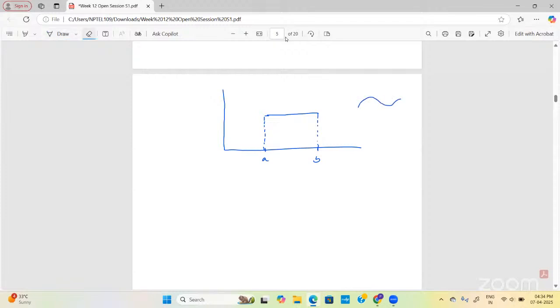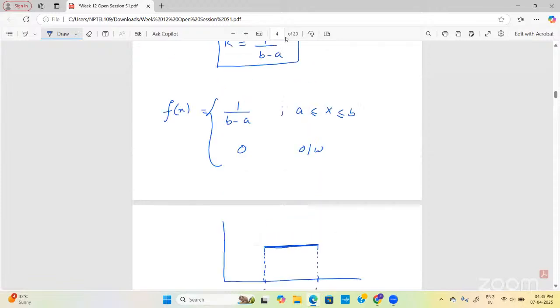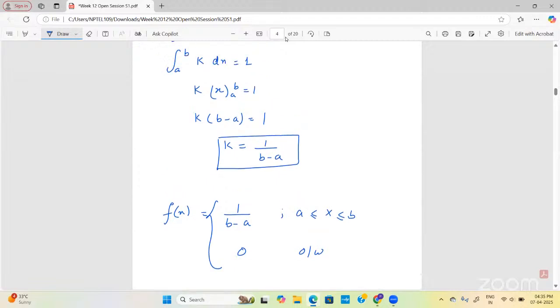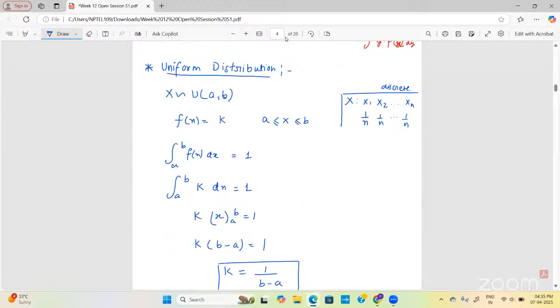Here we have a constant value, which can be represented by this line. You can see that from A to B, it is the same for every point. Any doubt? No. Okay. So this is the uniform distribution when we have the range as A to B.